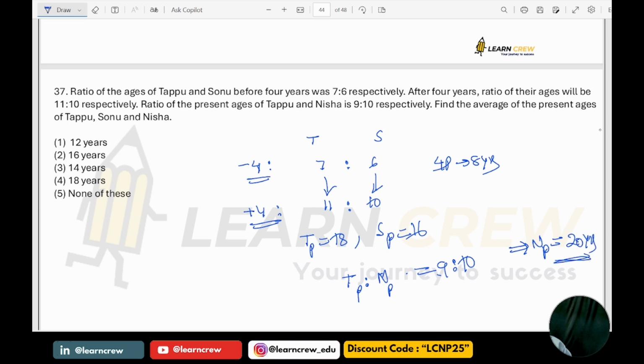Find the average of the present ages of Tapu, Sonu and Nisha. So Tapu is 18, Sonu is 16 and Nisha is 20. Average means divide by 3. So 18 plus 16, 34 plus 20, that is 54 by 3. Average is 18. So the answer is 18 years.